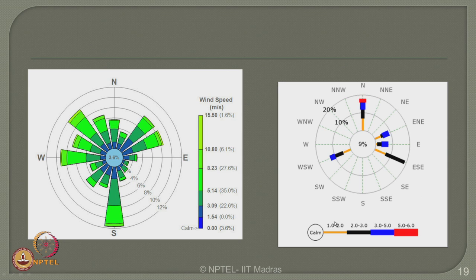In both cases the legends indicate the wind velocity in terms of meter per second. However, it starts from the calm pace of 9% and proceeds, in this case, to as high as 20%, whereas in this case as high as about 15.5%.